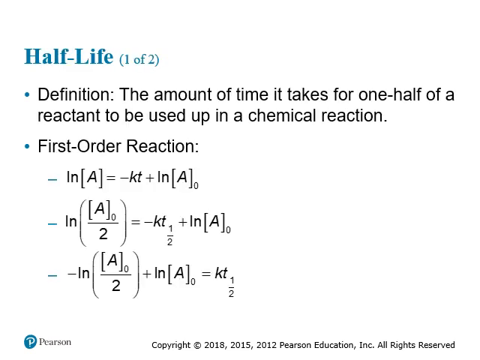Now, while undertaking the study of kinetics, we need to introduce the concept of the half-life. By definition, the half-life is the amount of time that it takes for 1/2 of a reactant to be used up in a chemical reaction. And for a first order reaction, the half-life, which is given by t sub 1/2, can be found by using a series of equations.